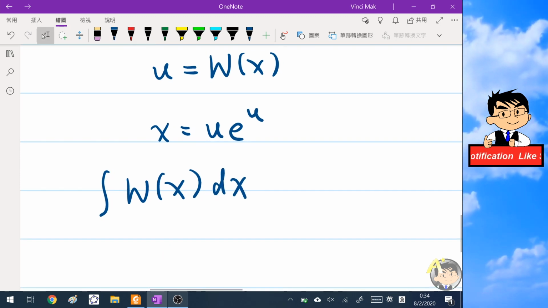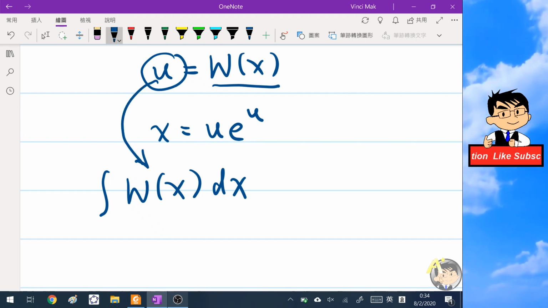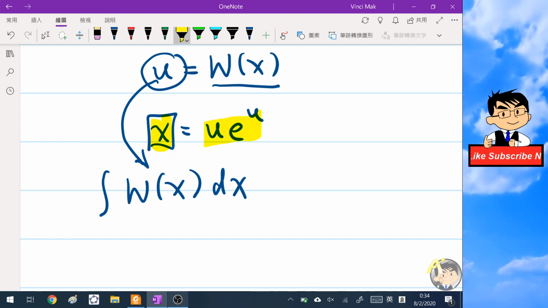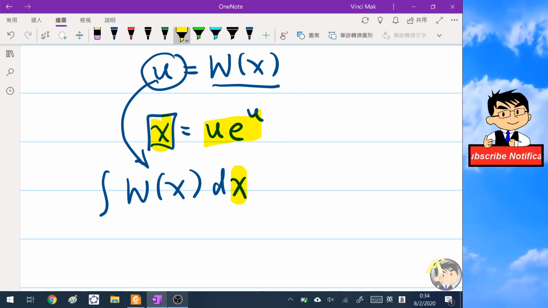So we know that W(x) is u, right? So we can substitute it into the integrand, and then x is equal to u times e to the power of u, and we can replace it into the differential.